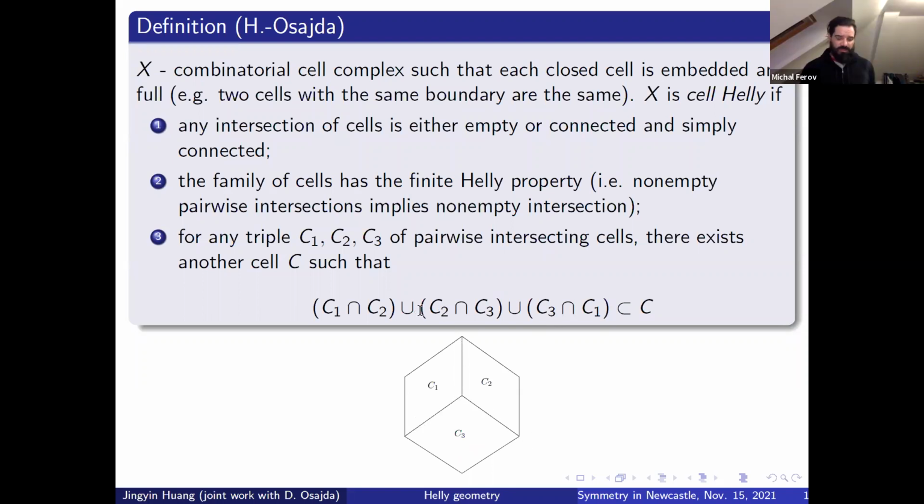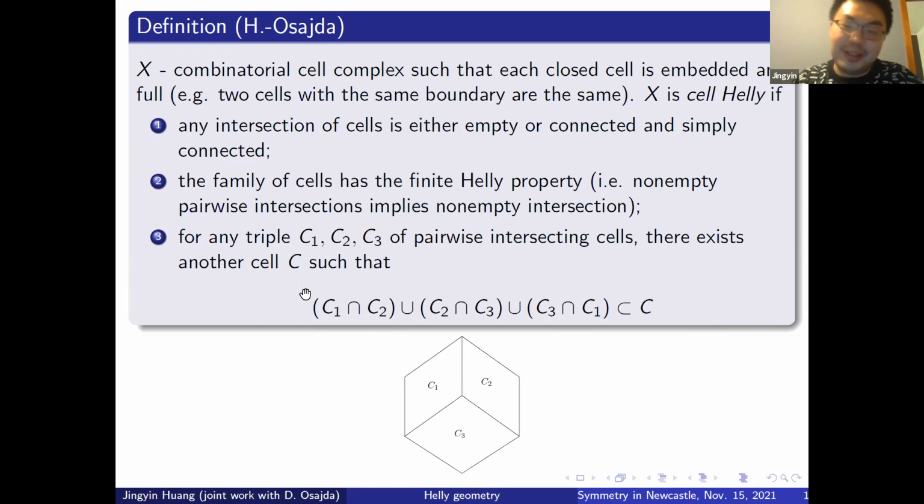Basically, I want a cell which contains these three edges. So this is one way of saying that the corner formed by the cells C1, C2, and C3 is filled by another cell C. Okay, so this is the geometric way to think about this.